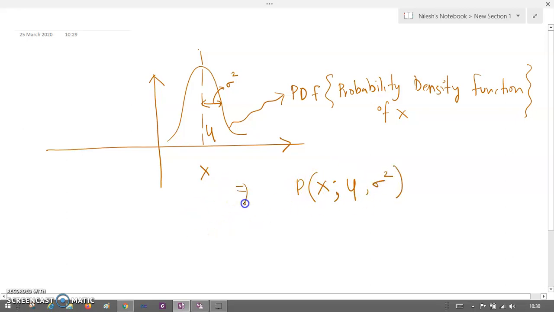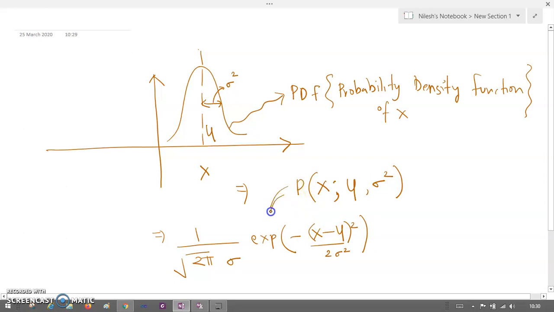More precisely, you can write this equation as 1 by 2 pi under root sigma, exponential of minus (x minus mu) whole square, where x minus mu is the feature scaling. So this probability density function can also be put down in this way. This is the PDF in a more generalized way, and this is the PDF of x.